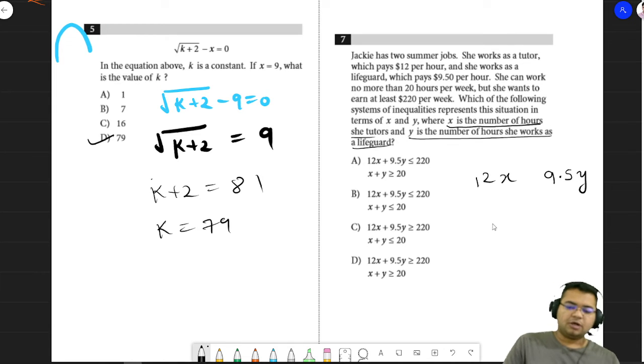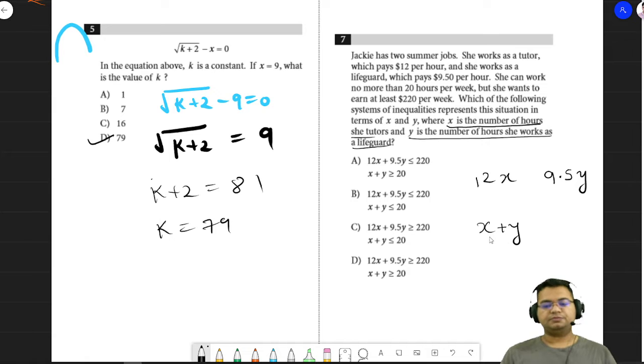So the total hours she will work is x plus y, because x is the number of hours she gives to tutoring and y is the number of hours she gives to the lifeguard job. She cannot work more than 20 hours, so x plus y should always be less than or equal to 20.